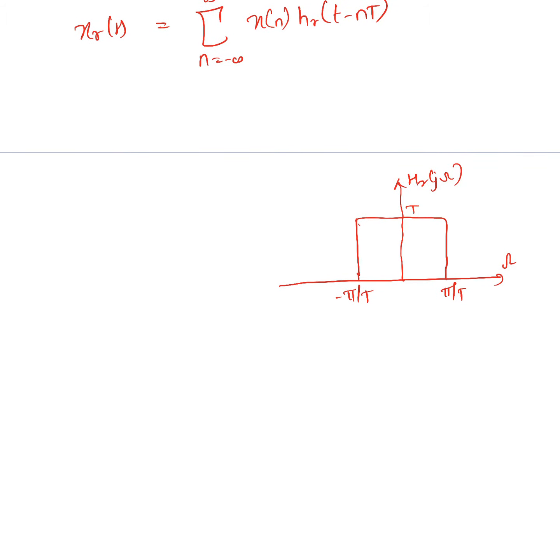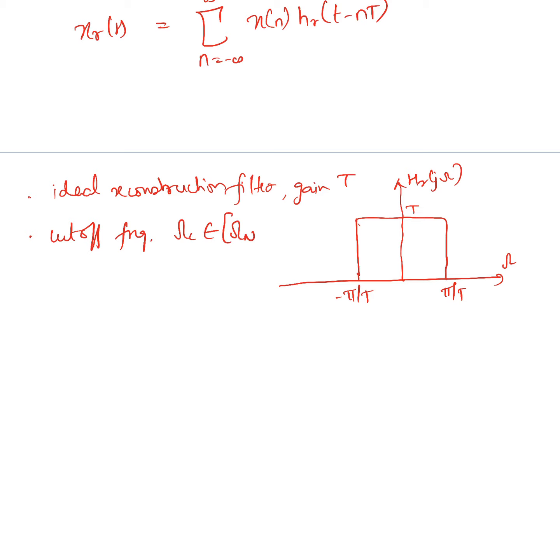Right? So we define this as an ideal reconstruction filter, which has a gain T. This is to compensate the factor 1 by T we obtained in the previous step. It has the cutoff frequency omega c, which lies between omega N and omega s minus omega N. Okay.